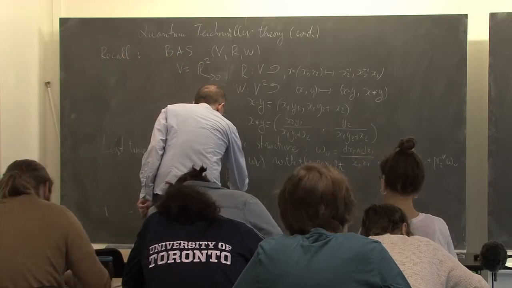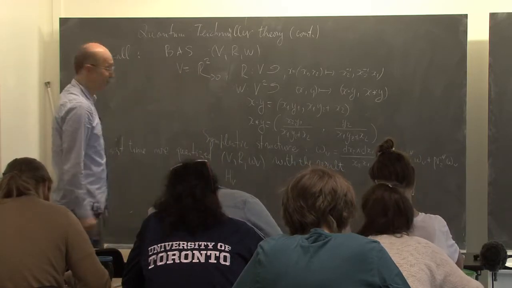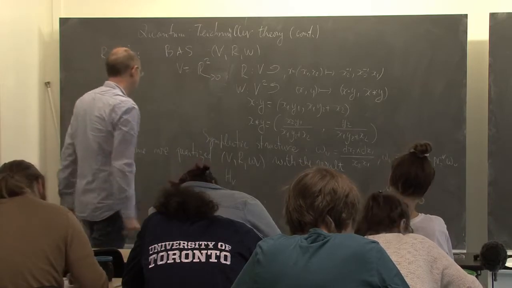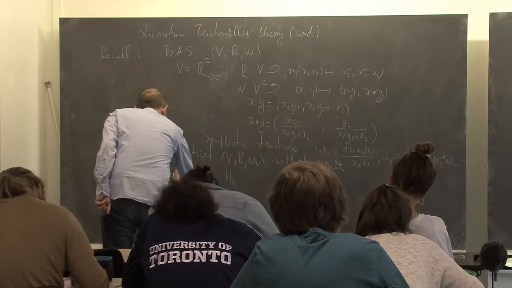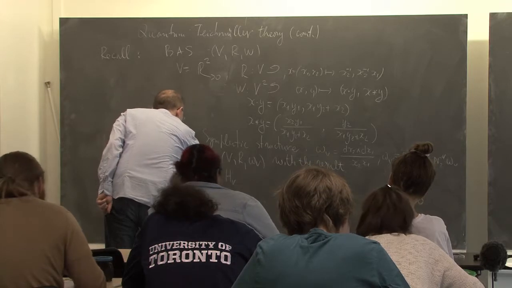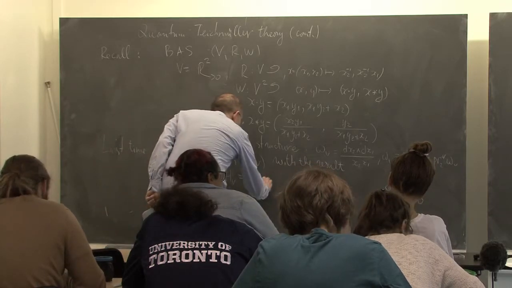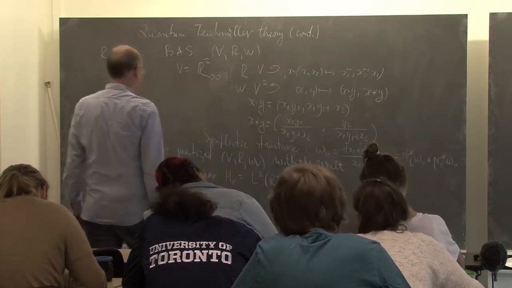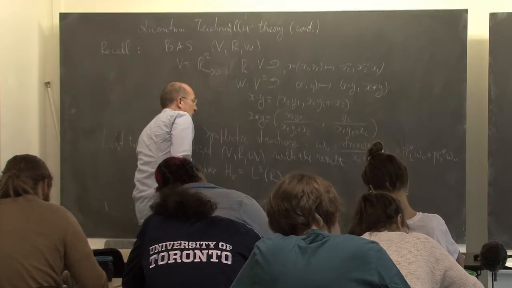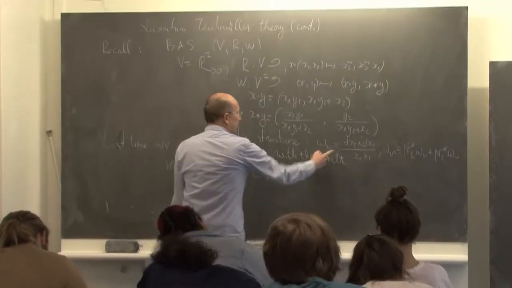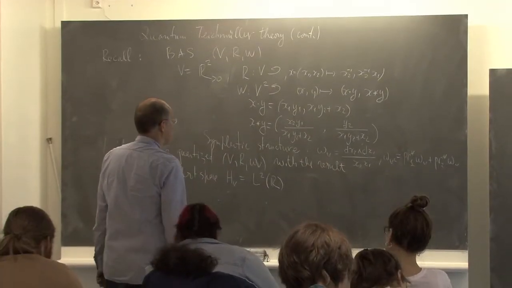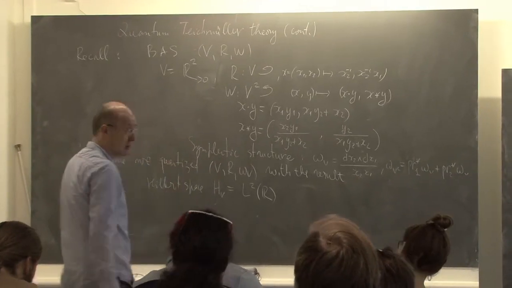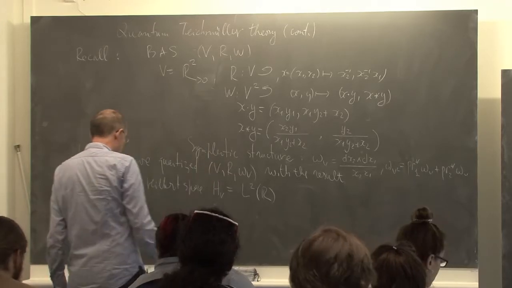We associated a Hilbert space to object V, to two-dimensional R, a Hilbert space identified as a space of square integrable functions on the real line, which is not surprising because of that symplectic structure, which in logarithmic coordinates is just the standard symplectic structure on the real plane.